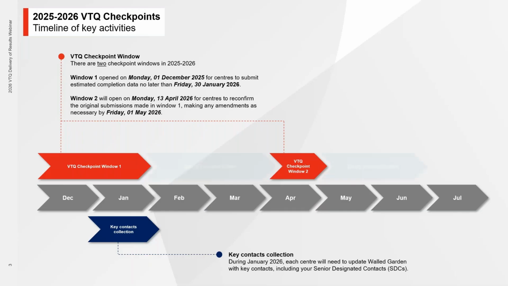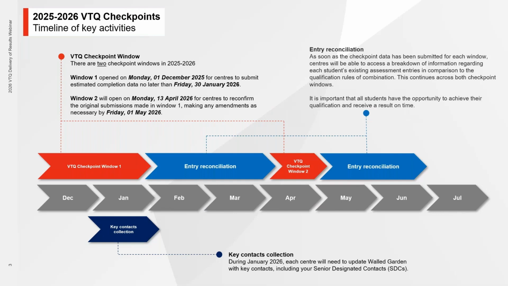And finally, on this slide, in terms of entry reconciliation, as soon as you submit your checkpoint data for a qualification, Walled Garden will run a check on the rules of combination overnight, and that check will look at whether students who are intending to certificate in August are able to achieve their qualification based on the current assessment entries they've got.